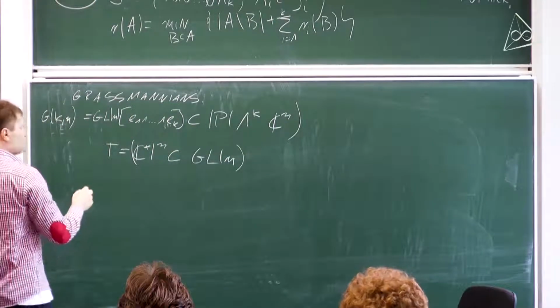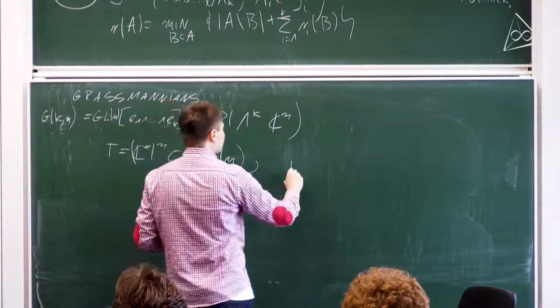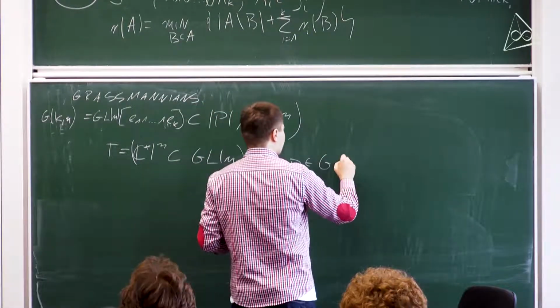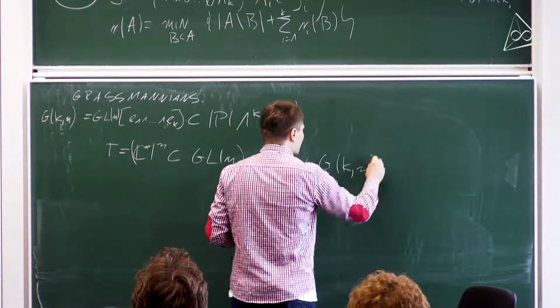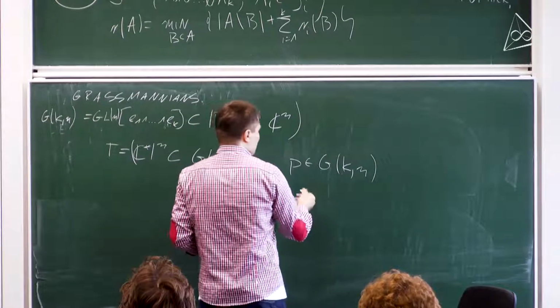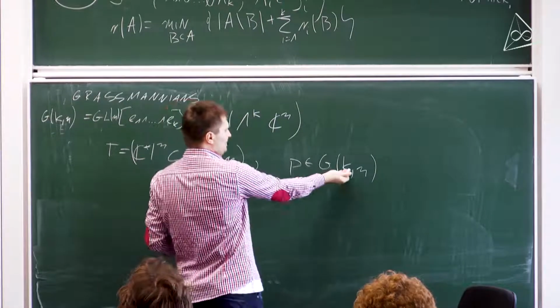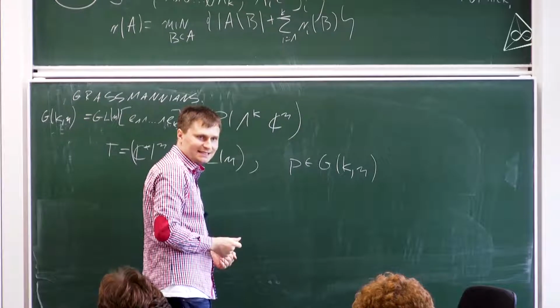And the questions that motivate us are as follows. We fix a point in the Grassmannian. What does it mean? We fix a subspace spanned by k vectors in an n-space.